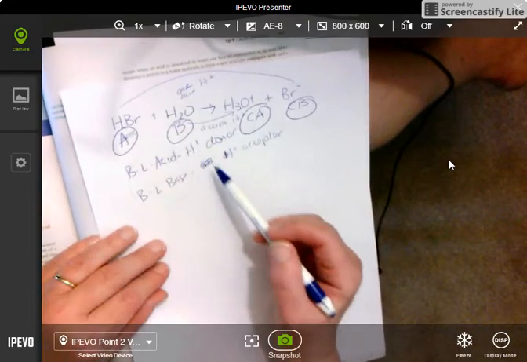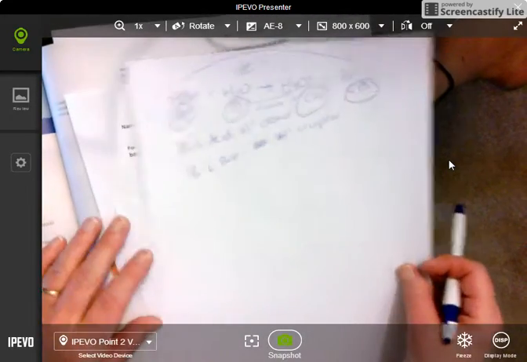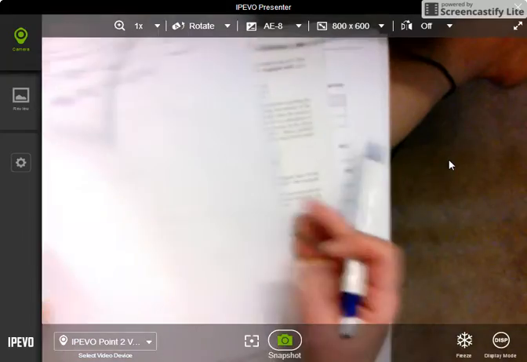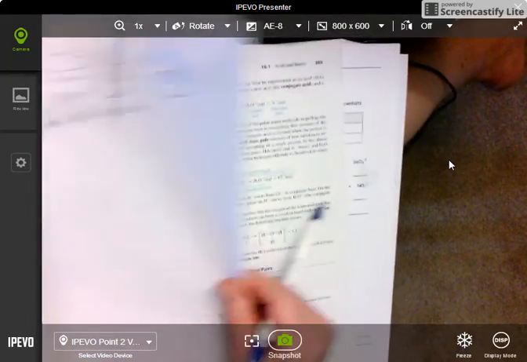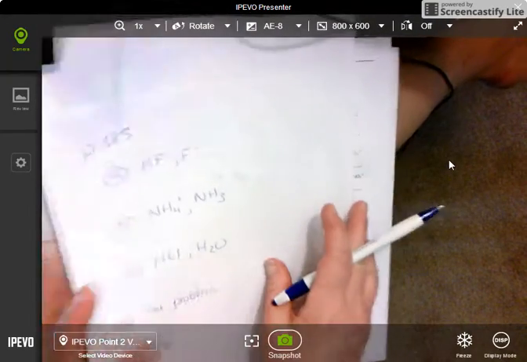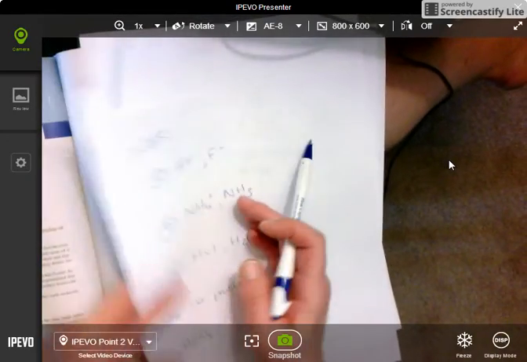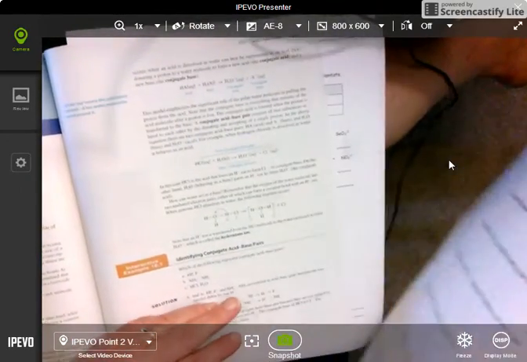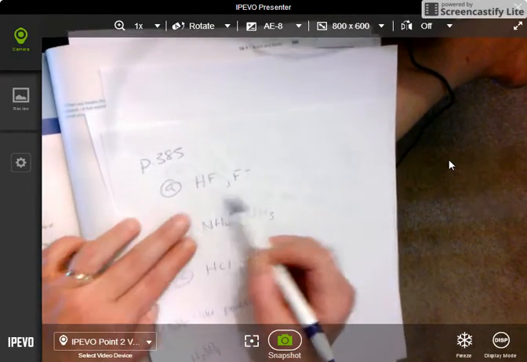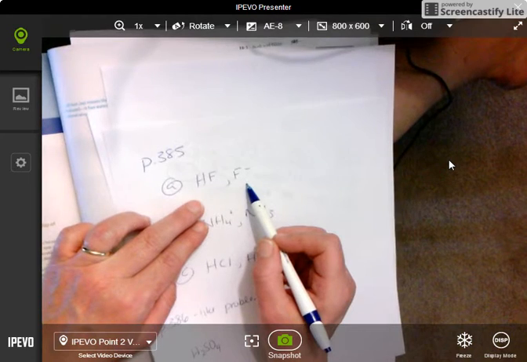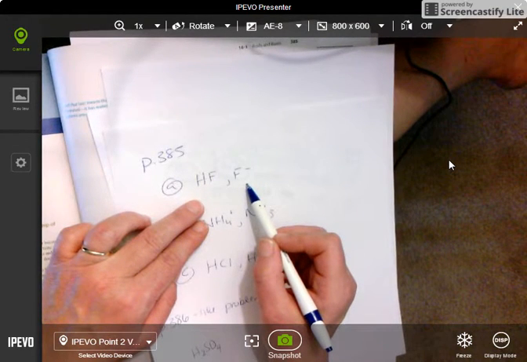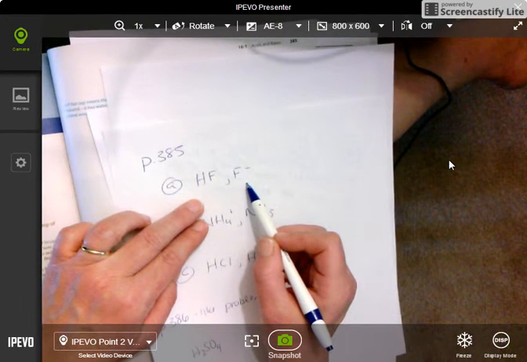Now, the questions at the bottom of page 385 look like this. I think the question asks, which of the following represent conjugate acid-base pairs? Are they related by the removal or gaining of an H plus ion? Yes.